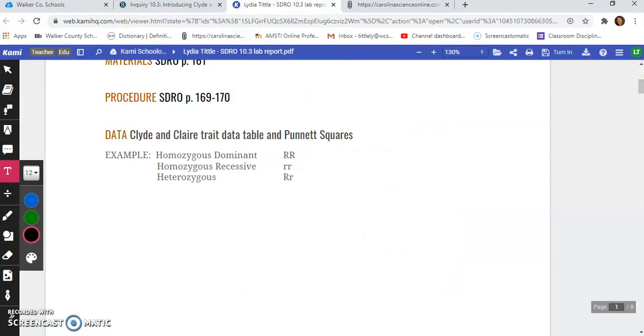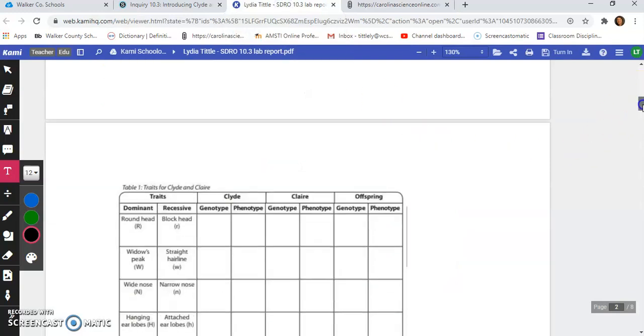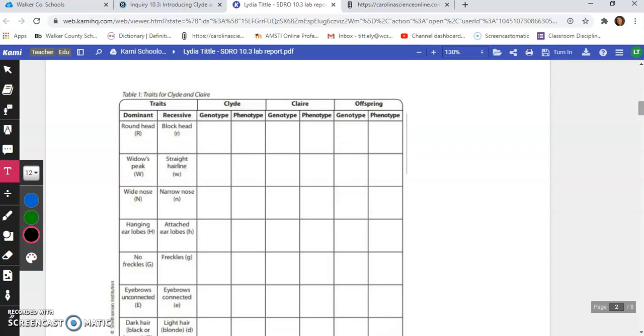Okay, so let's go down to our data table. You first will go down the list and find out Clyde's traits. And let me show you an example of that. Let's say that I have my 2 coins and I flip my coins to see what traits Clyde has.